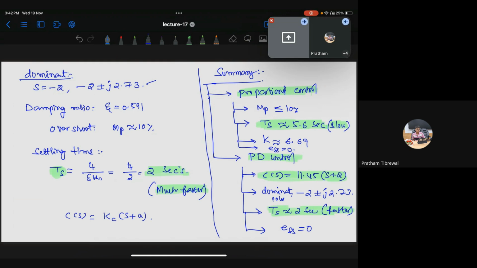In reality, controllers with zeros alone are not actually realizable. That's why we take the controller as K multiplied by S plus A over S plus B, something like S plus Zc over S plus Pc.